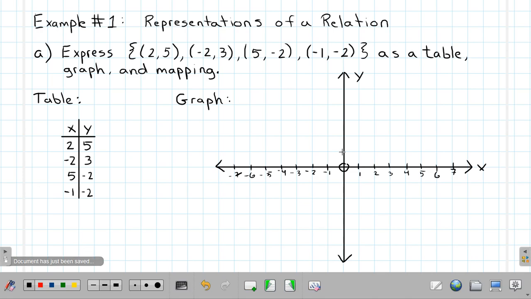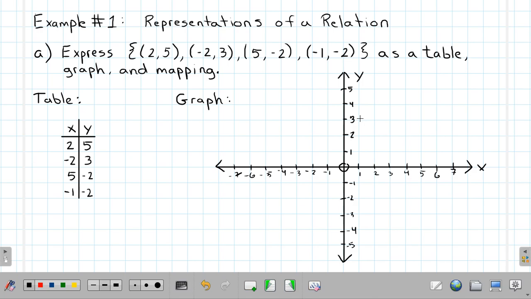I feel like I've spent most of my time in these notes just labeling this. I should have done this before, but too late now. Just labeling like we've done before: -1, -2, -3, -4, -5.